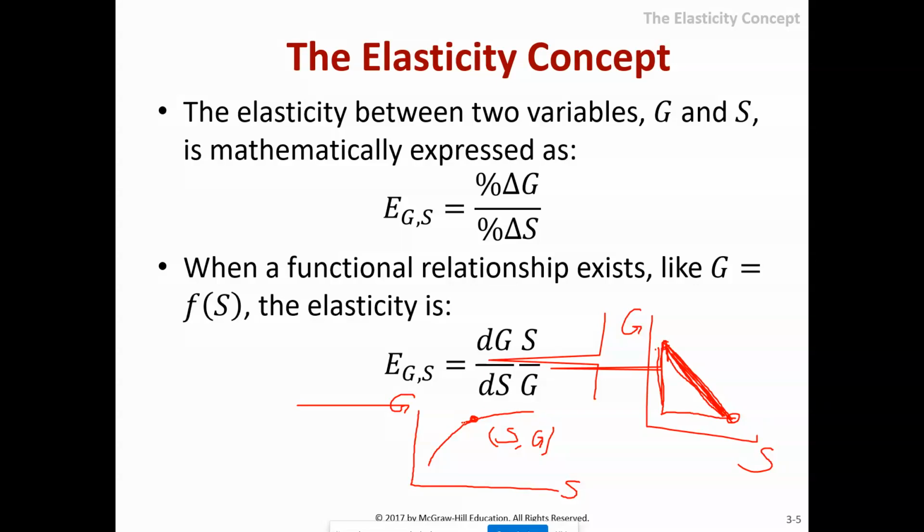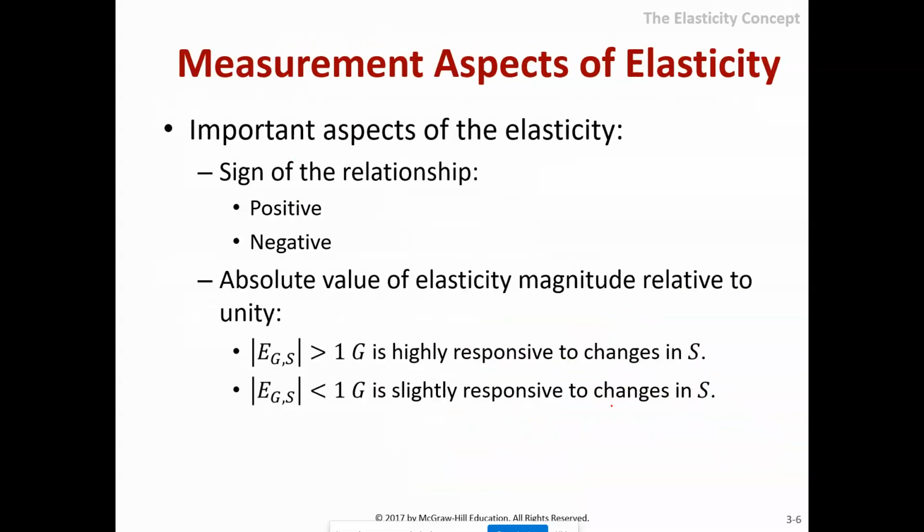And previously we talked about how if we draw a very short straight line that happens to be tangent to this curve, then the slope of this straight line is the value of the marginal value at this point on the curve. So here we use the derivative for the first part. And the second part is S over G, the values over here, S over G.